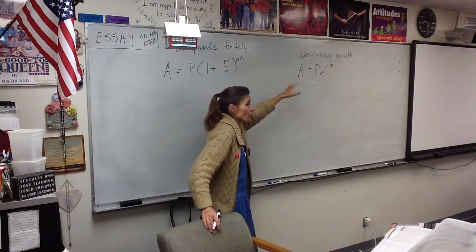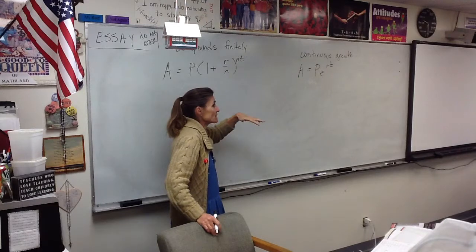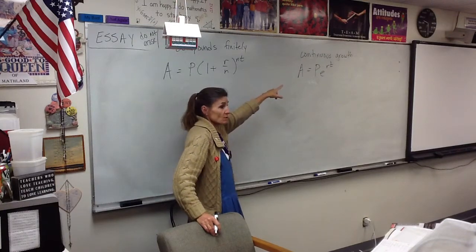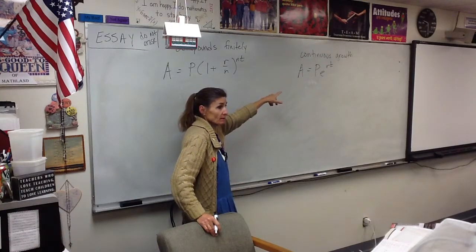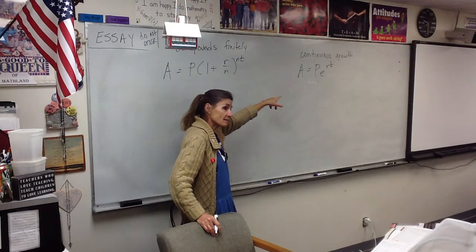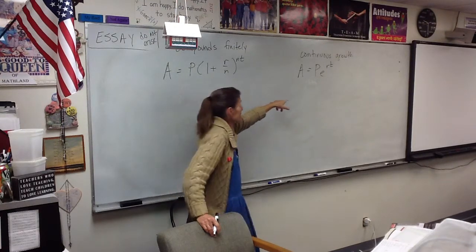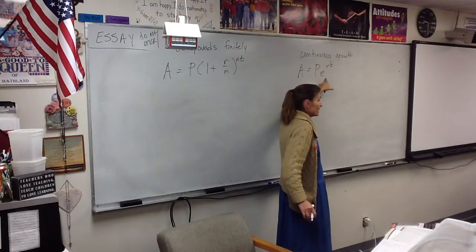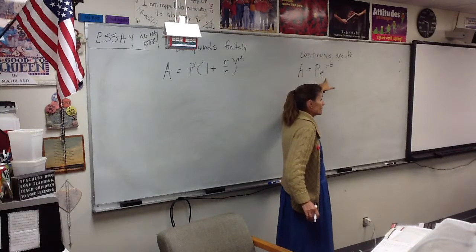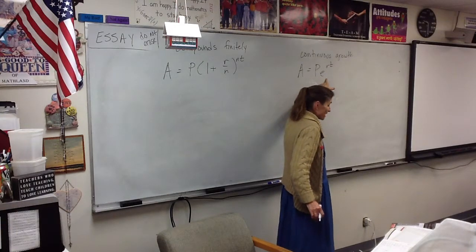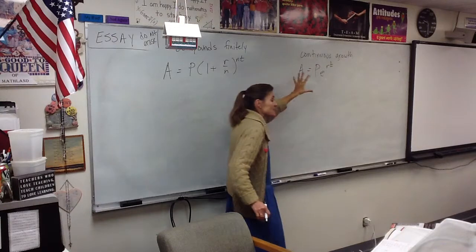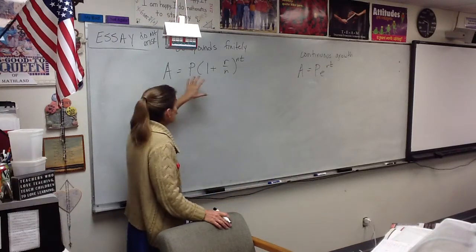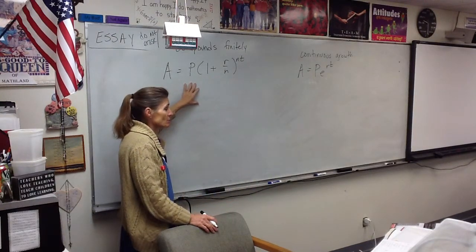Everything in nature is growing continuously. So if it's a nature problem, we're going to be using that formula, which kind of makes sense if you think about it, because this formula's got an e in it, and e is the base of the natural logarithms. Yeah, that's a natural situation. These are man-made situations.